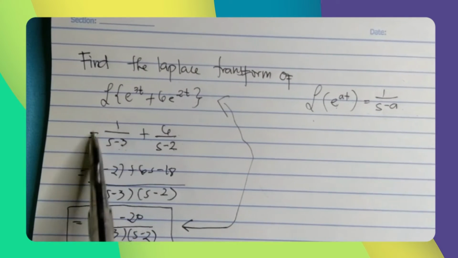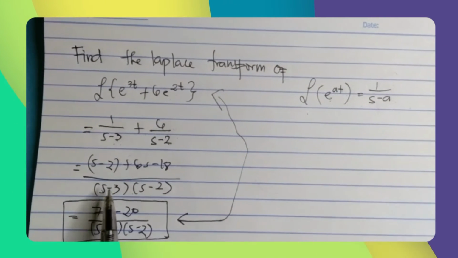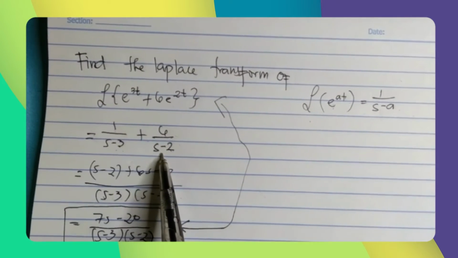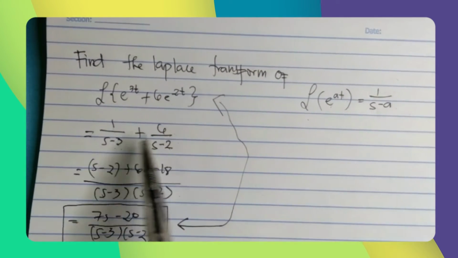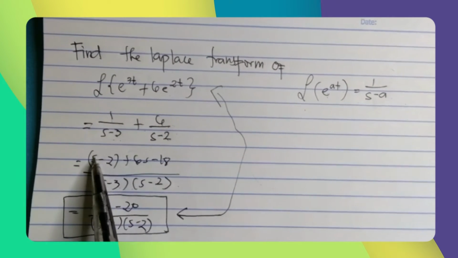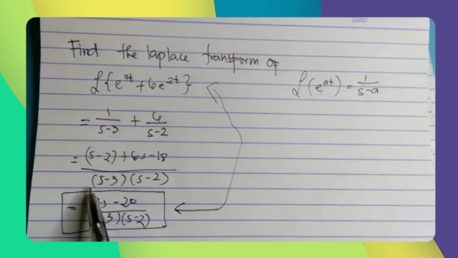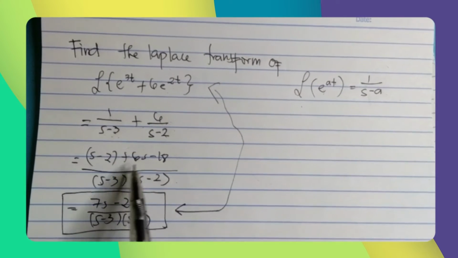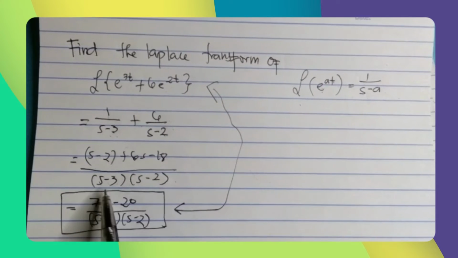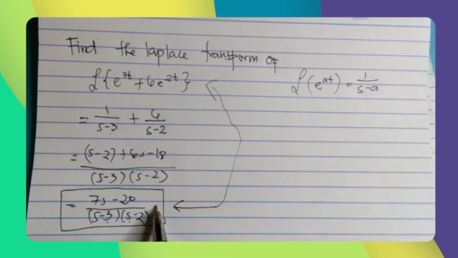So if we will simplify this, we will get their LCD, which is s minus 3 times s minus 2, and then cross multiply. 1 times s minus 2 is s minus 2, and 6 times s minus 3 is 6s minus 18, and then we will combine like terms. s plus 6s is 7s, then negative 2 plus negative 18 is negative 20 over s minus 3 times s minus 2. So this is the final answer.